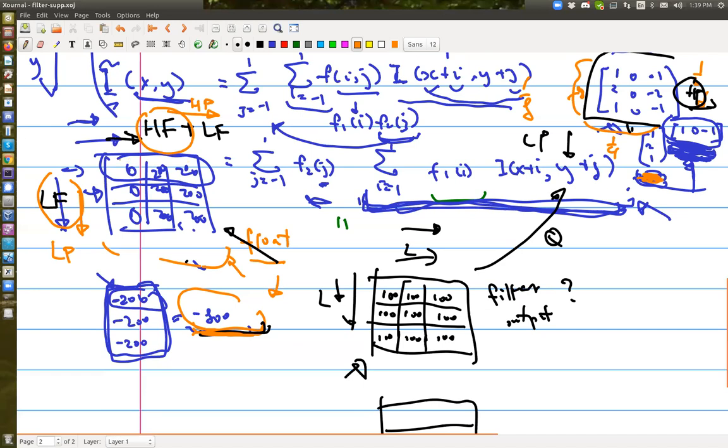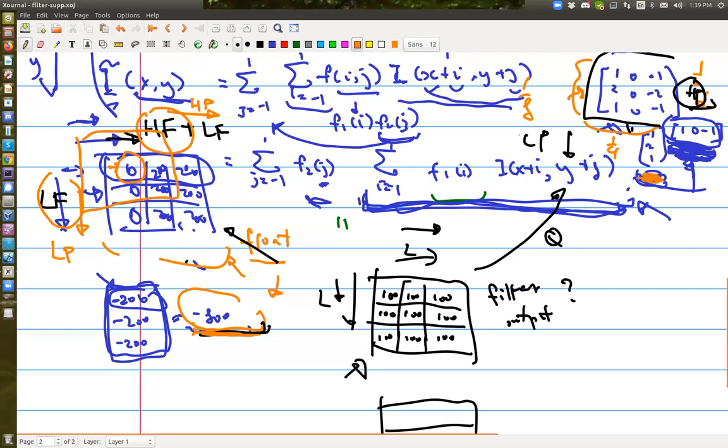Okay, you guys have several questions. Let's start with the first one. You mean this corner here? Yes. Okay, so let's say I want to find the filter value at this corner here. I'm supposed to look at the neighborhood to do a dot product.